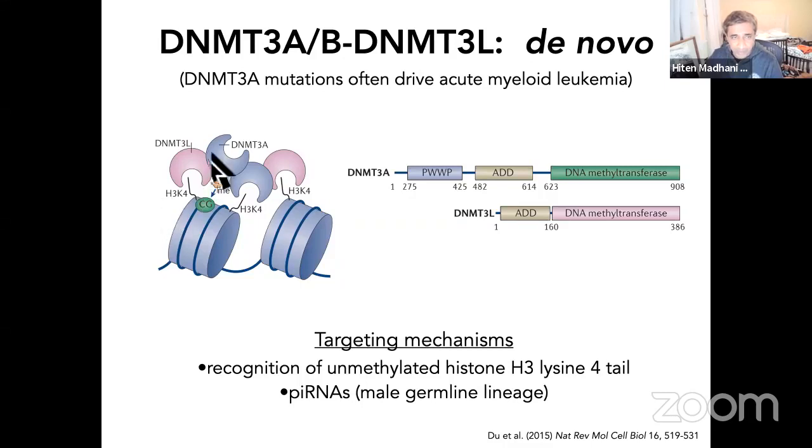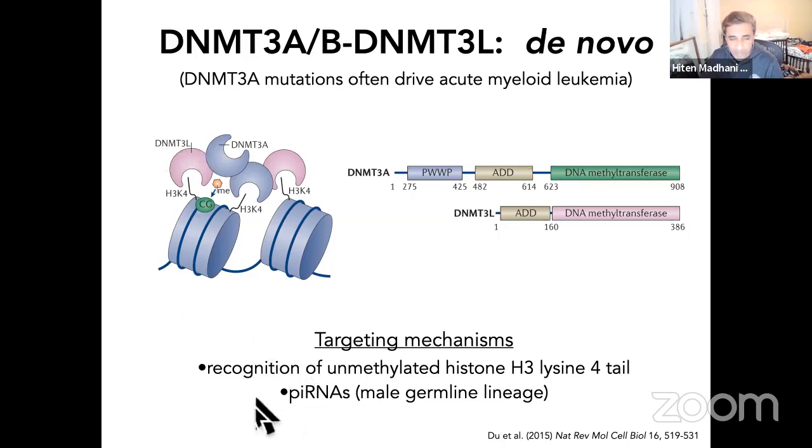So DNMT3A and 3B are targeted by several mechanisms. One is that DNMT3A, 3B heterotetramers recognize a histone modification, or rather the lack of a histone modification. On histone H3 lysine 4, if lysine 4 is unmethylated, it forms a binding site for the ADD domains of these enzymes, which actually activates their catalytic activity.